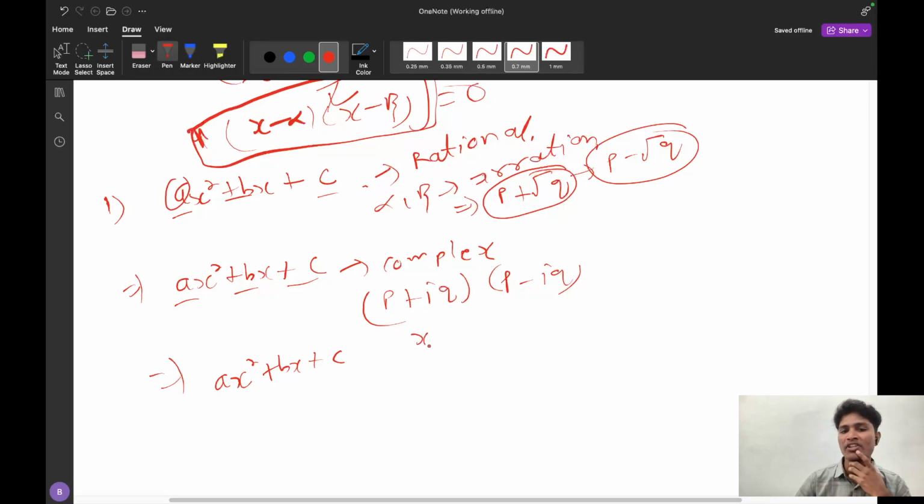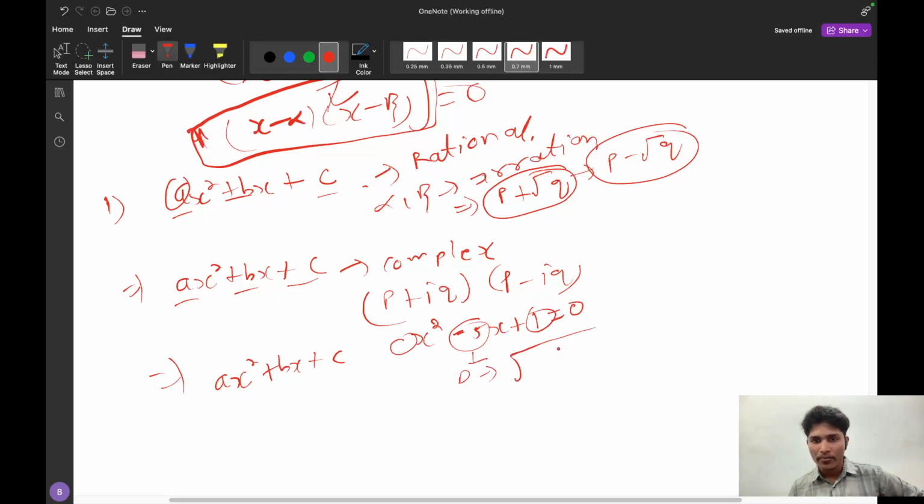Suppose we think of the equation like this: x square minus 5x plus 1 is equal to 0. Suppose these are real coefficients, and if I find the discriminant here, what am I going to get?